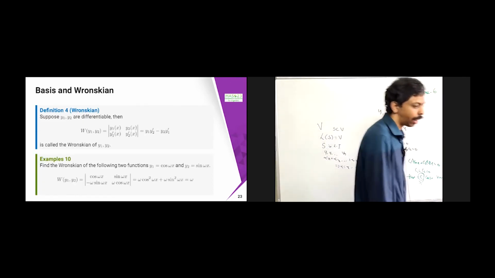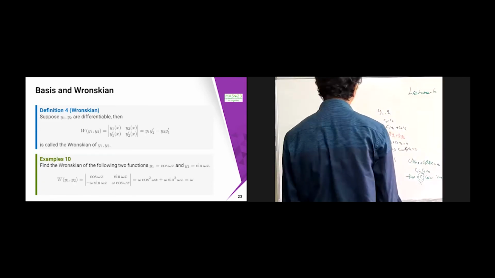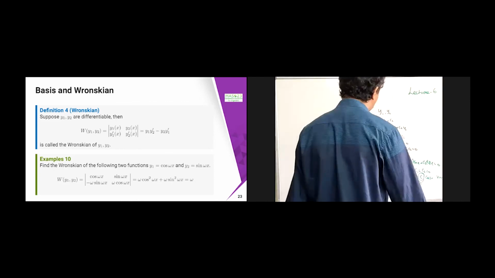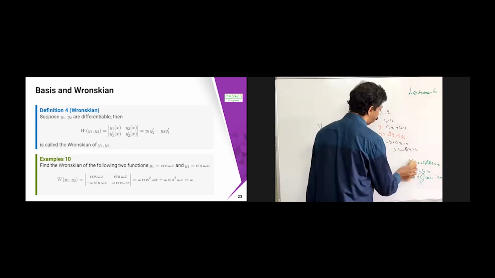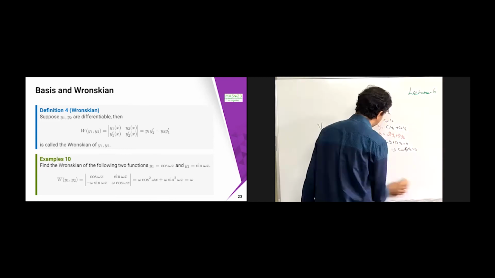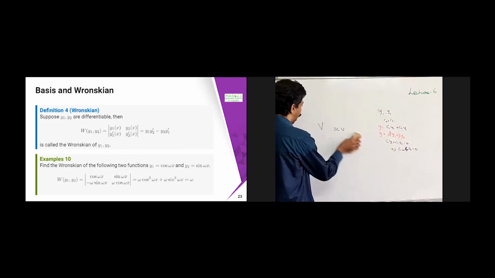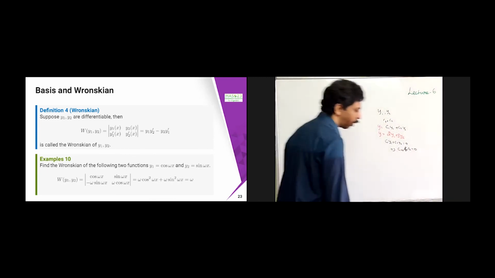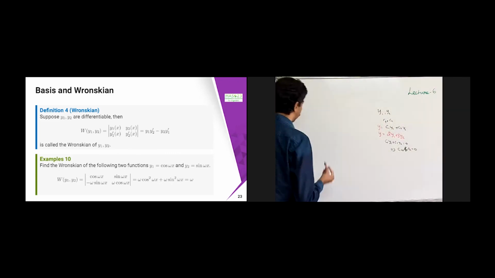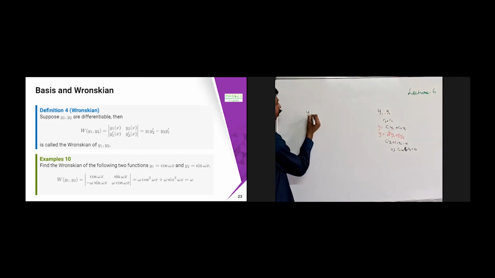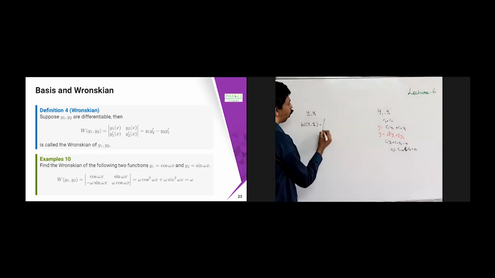The next concept is this. Suppose y1 and y2 are two functions given, and they are differentiable. Then we are going to define a concept called the Wronskian. The Wronskian of y1 and y2 is the determinant of the matrix with rows y1, y2 and y1 dash, y2 dash.